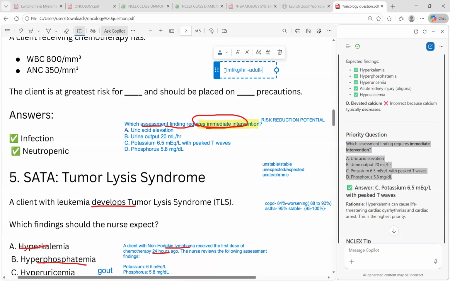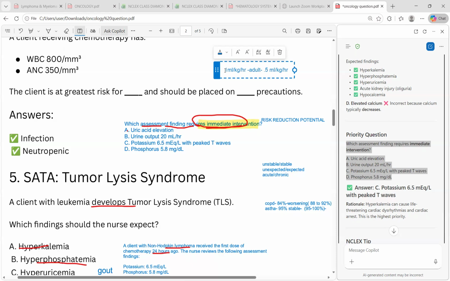But in some rare cases, if the patient has renal disease, 0.5 ml per kg per hour can also be expected, and also in post-operative patients in rare conditions.